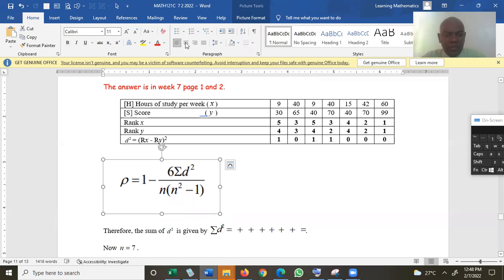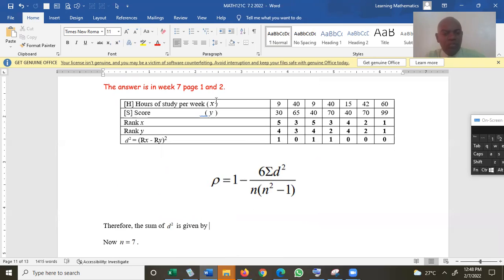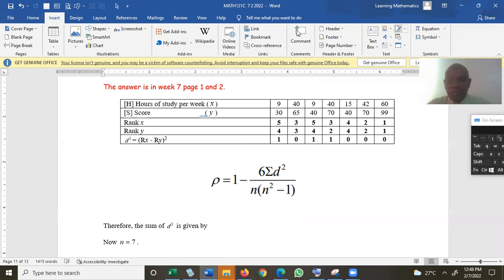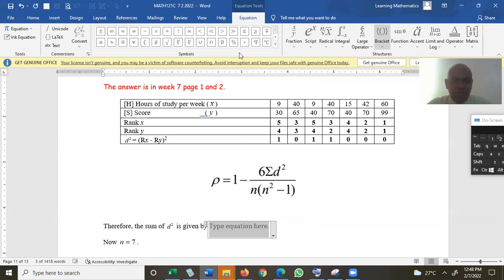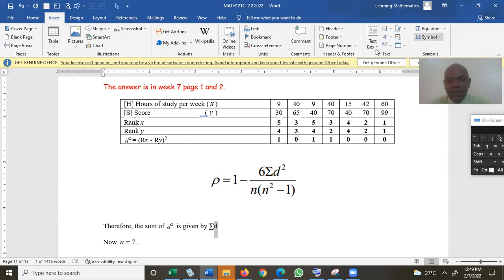The sum of D squares in our case would be equal to, go to Insert, go to Equations, the sum, here comes sigma again. There it is, the sum of D squared.